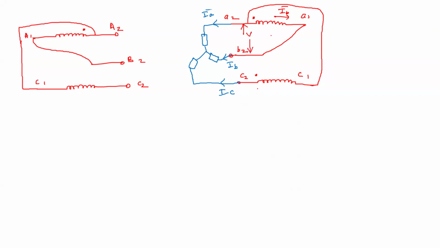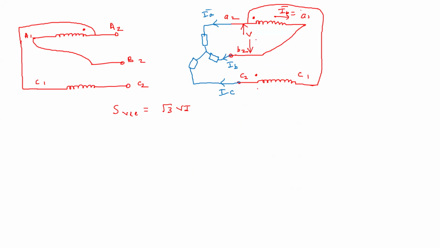the power in open delta is written like this: root 3 VI. In the previous case it was 3 VI, but here it is root 3 into V, the line to line voltage, and the line current is the same as the phase current. You see this IB is the same as this IB, and IC is the same here.